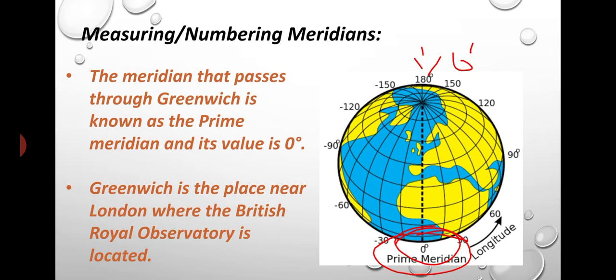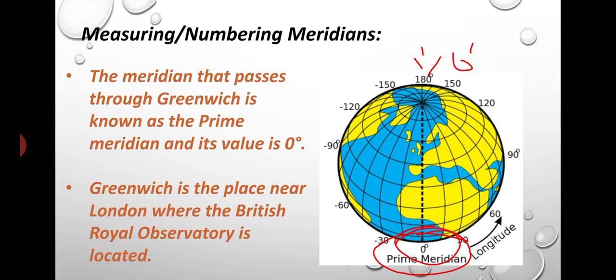The next slide shows you the measuring and numbering of meridians. So how can we measure this meridian? The most important meridian is the one which passes through Greenwich. You can see the highlighted circle. That is the meridian that passes through Greenwich. It is known as the prime meridian and its value is marked as 0 degree.